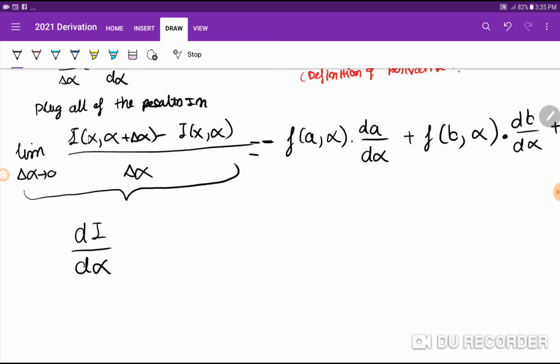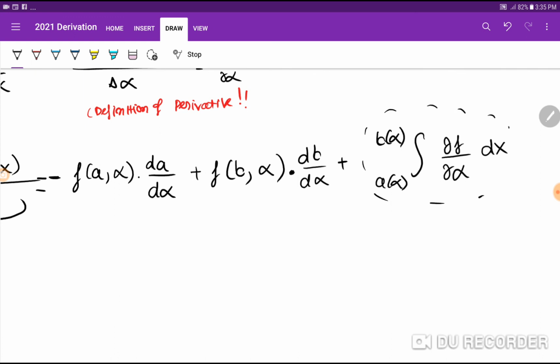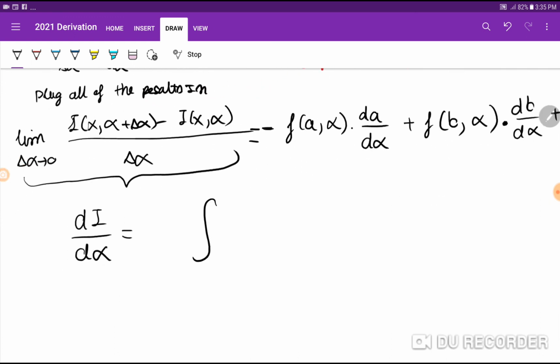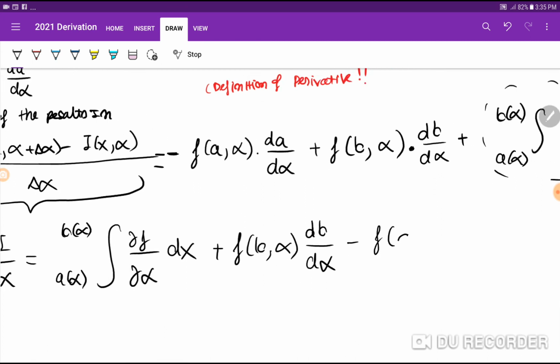Because that is our definition from the very beginning. So I'm going to rewrite this one last time, putting this term at the front. It would be the integral from A(alpha) to B(alpha) of partial f over partial alpha dx, plus f of B(alpha) times dB over d alpha, minus f of A(alpha) times dA over d alpha.